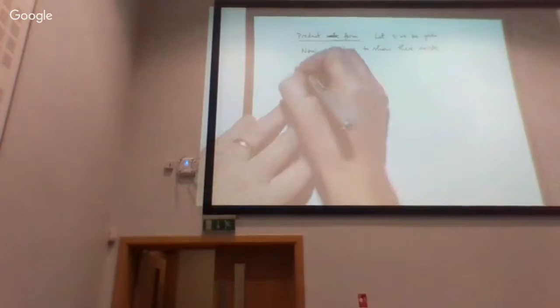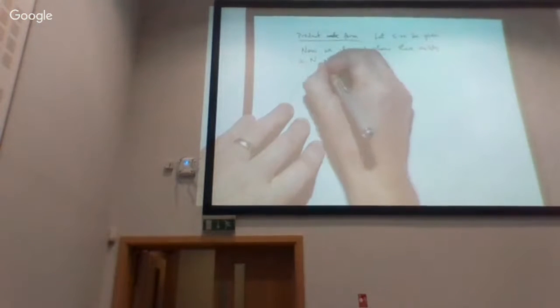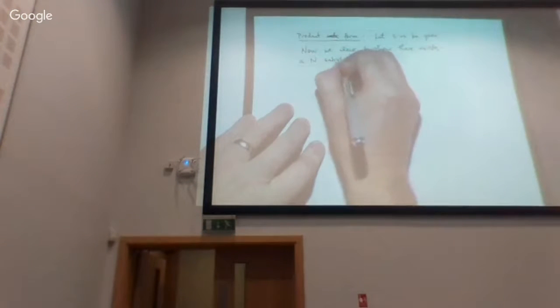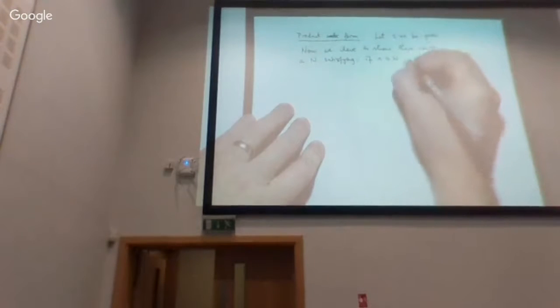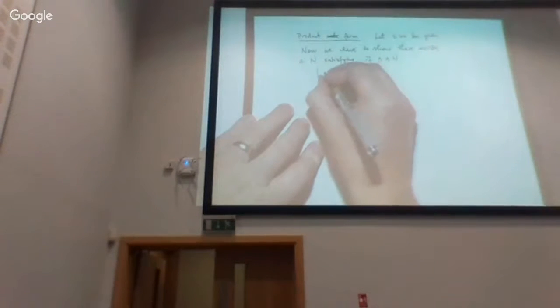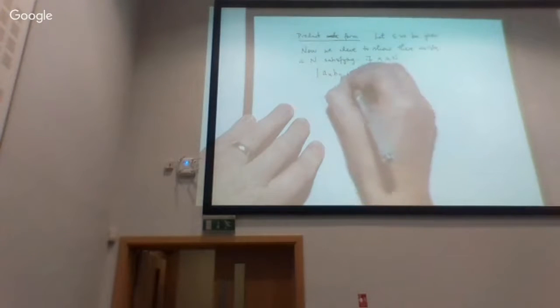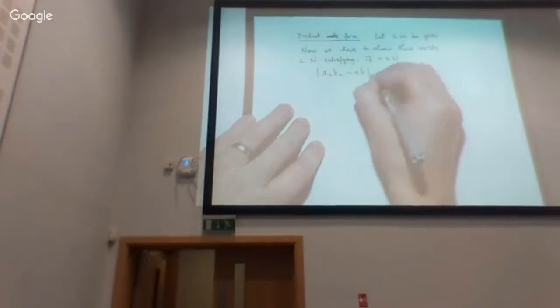So we have to show that there exists a point capital N which satisfies: if n is bigger than capital N, then the absolute value of a_n times b_n minus AB is strictly less than epsilon.